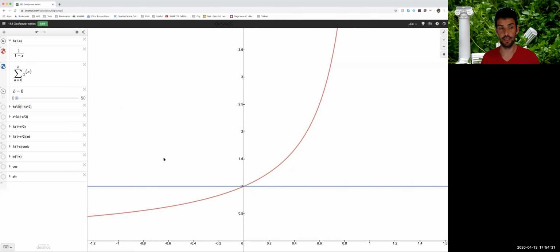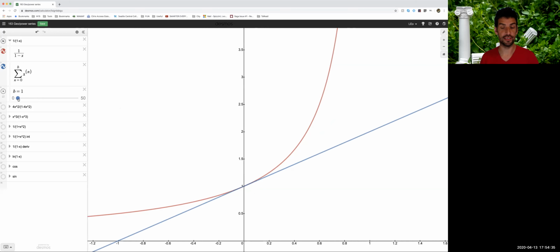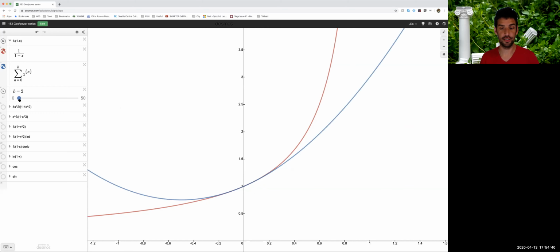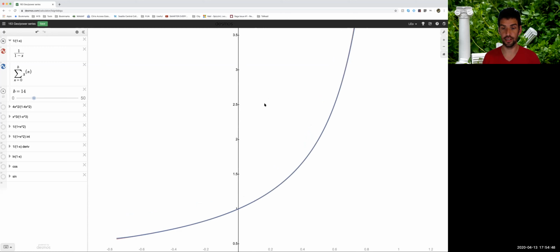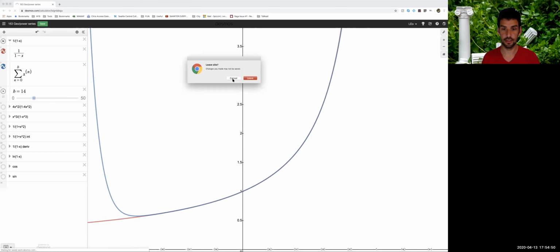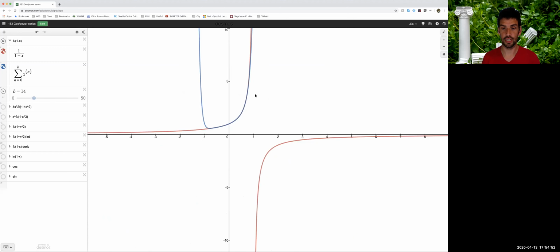Right? I'm going to start adding terms. Here's 1 plus x, 1 plus x plus x squared, 1 plus x plus x squared plus x cubed plus x fourth, right? I keep adding more and more terms. And look what we're getting.